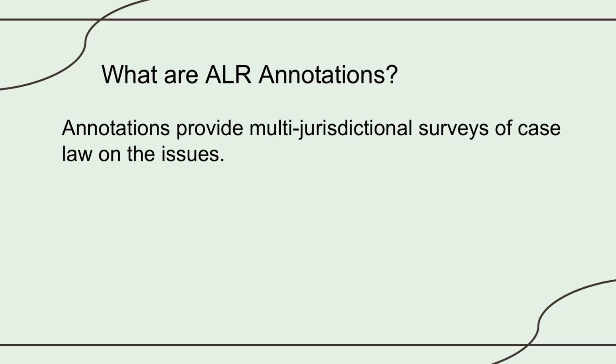Each annotation provides a multi-jurisdictional survey of case law on the issue. So whatever the issue is, the annotation will discuss and cite to cases from all the states or all the federal courts, whatever is the appropriate issue, from around the country.